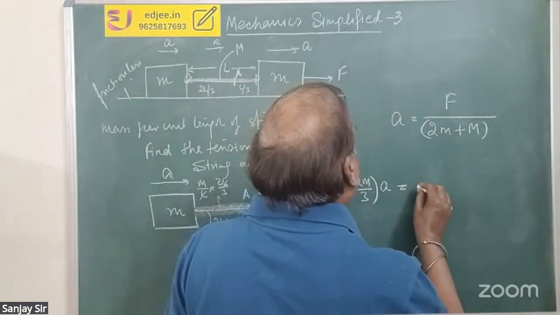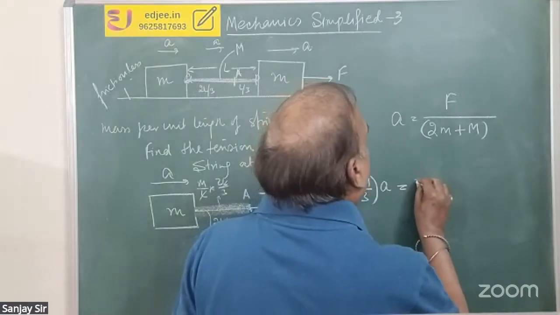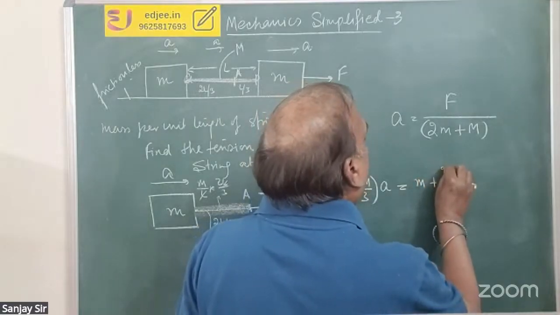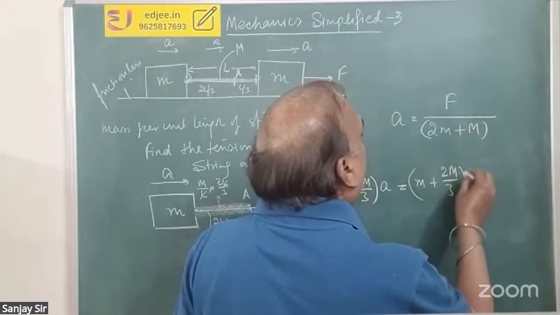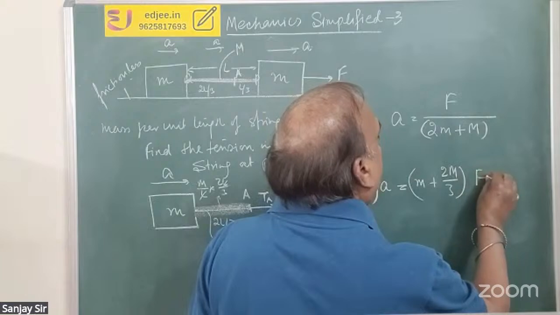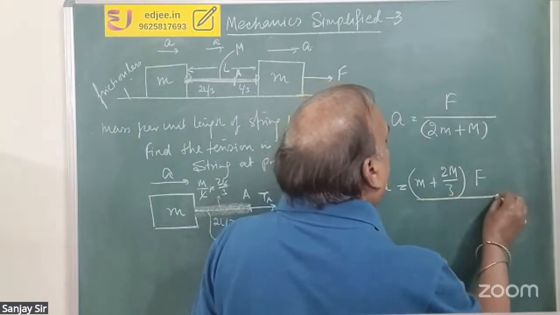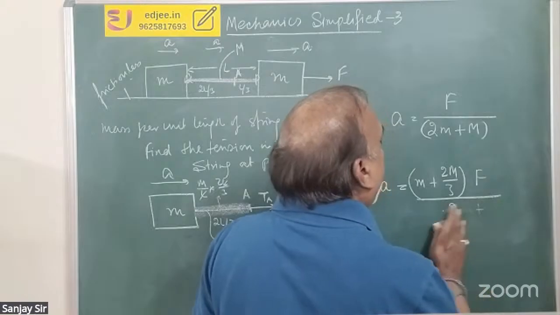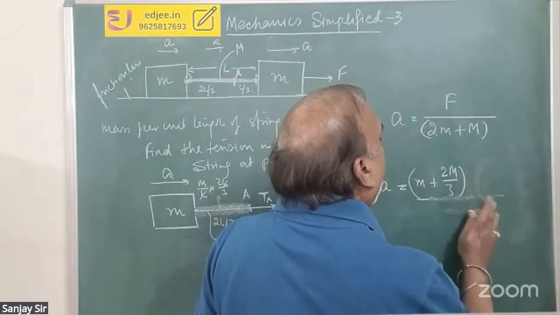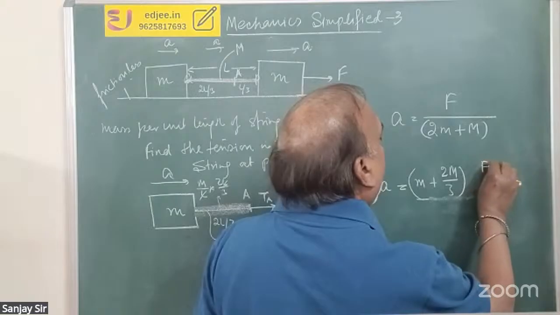So this is basically this thing. This is nothing but m plus 2 capital M by 3, F upon, or you can write like this, F upon.